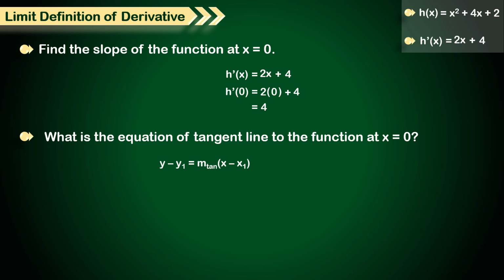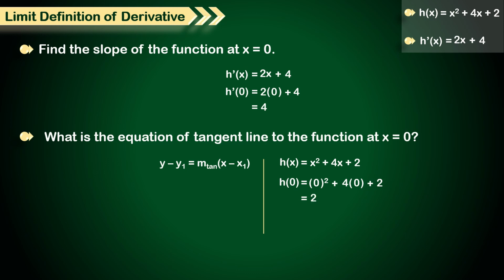To find the y coordinate, use the original function. Substitute the x coordinate into it. Then, h of 0 is equal to the square of 0 plus the product of 4 and 0 plus 2. Simplify. Then the y coordinate is equal to 2.